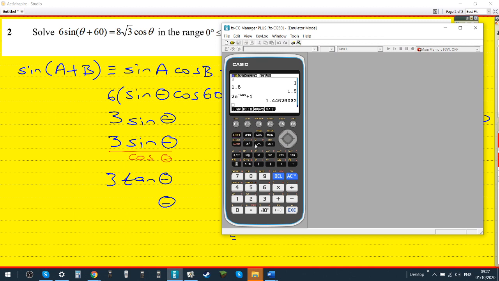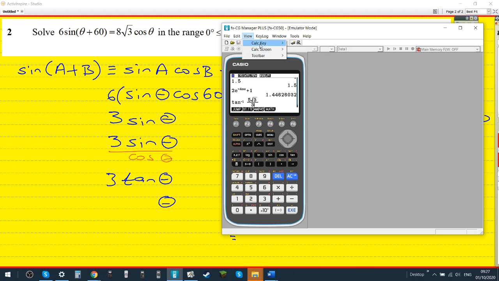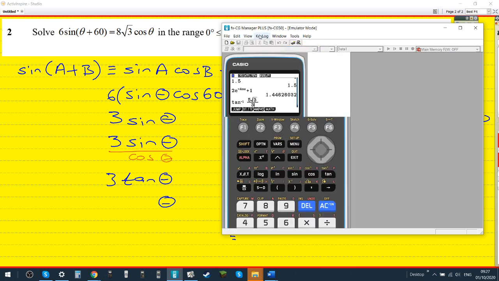So shift tan and then 5 root 3 over 3. Root shift. It says it only wants from 0 to 360, to 1 decimal place.